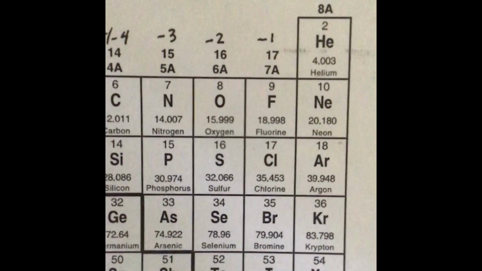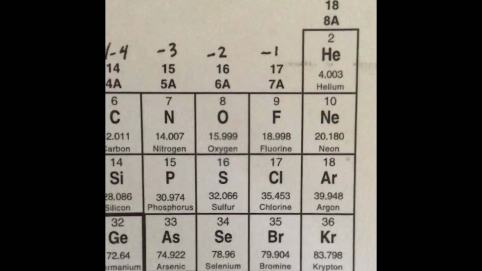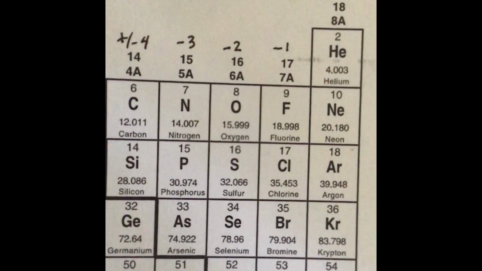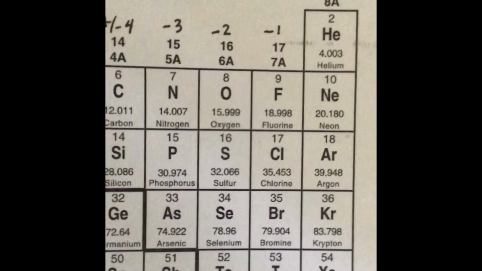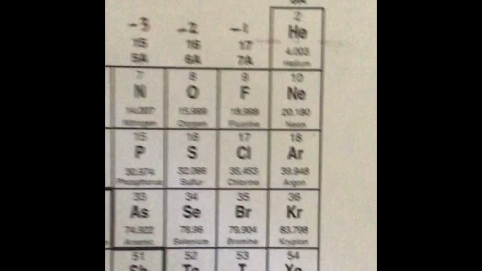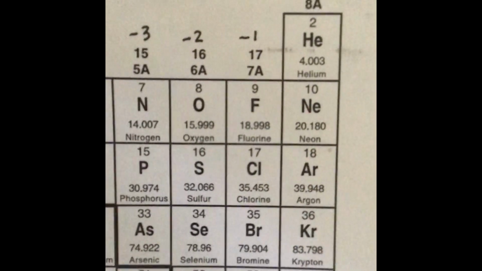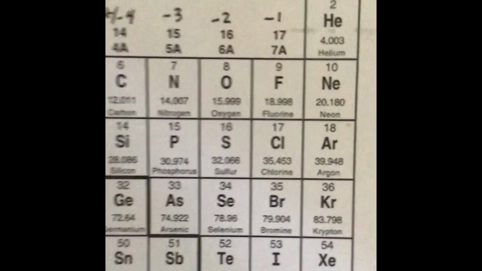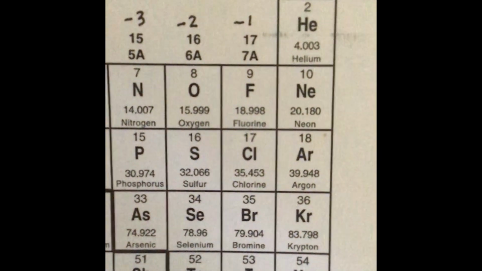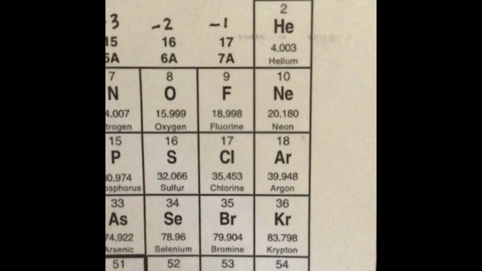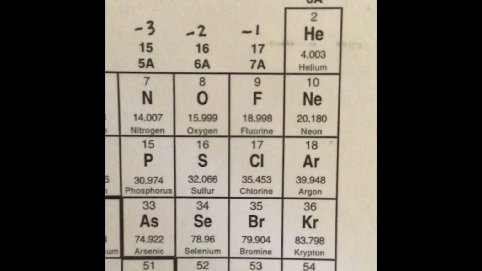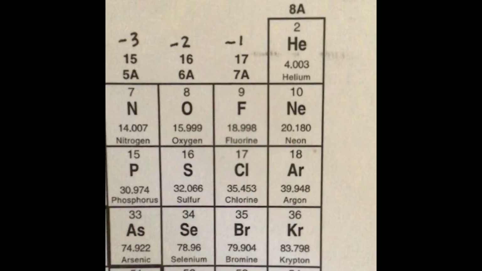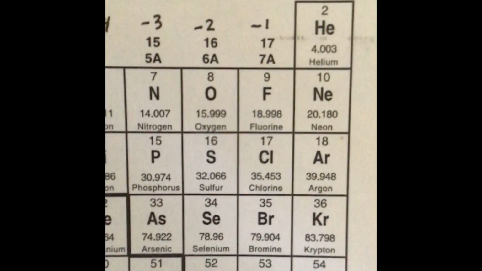Well, let's round 18.998 to the nearest whole number. 18.998 is 19. And what is 19 minus 9? That's right, it's 10. So we're going to have 10 neutrons, 9 protons. And since we're building an atom, it's going to have 9 electrons as well.